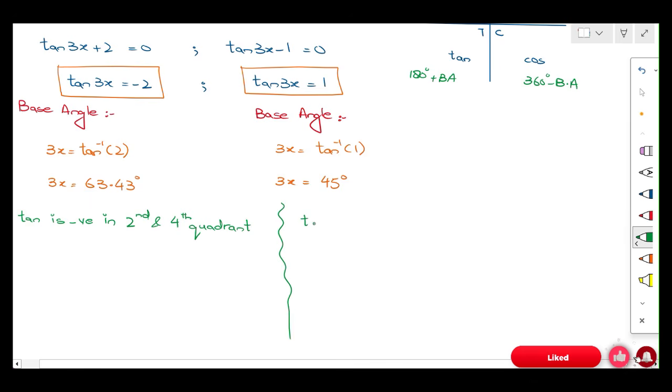On the other hand, tangent is positive in the first and third quadrants.